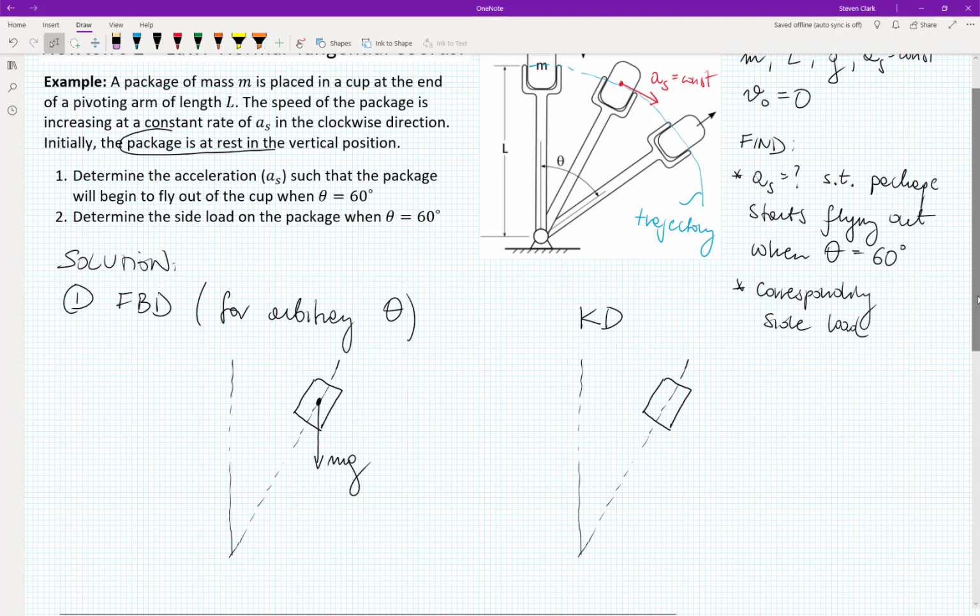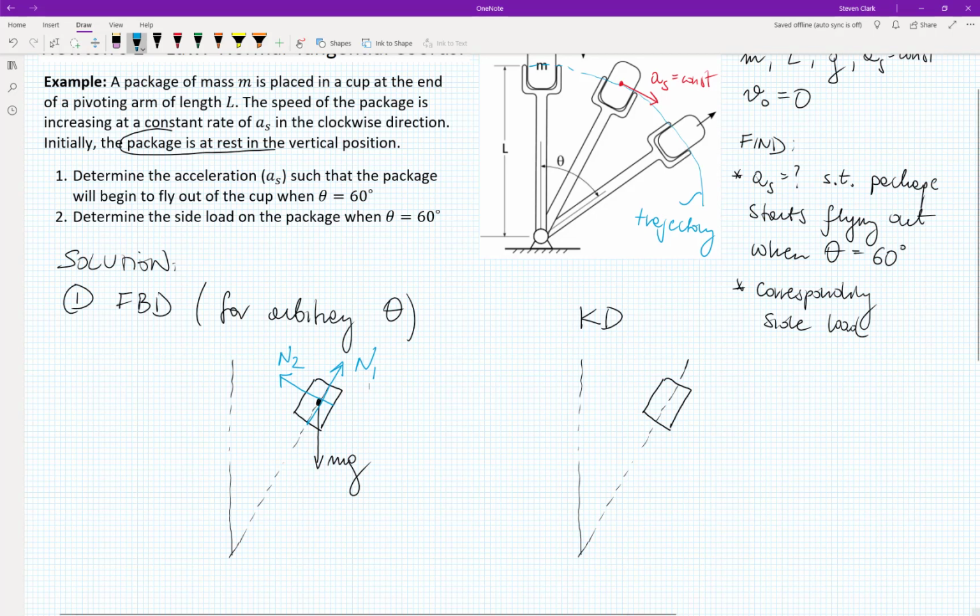There are two normal forces, one following the angle of the arm and then one over that. Great, yeah. So I will call them N1 and N2.